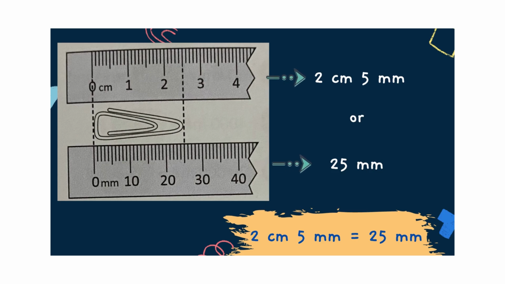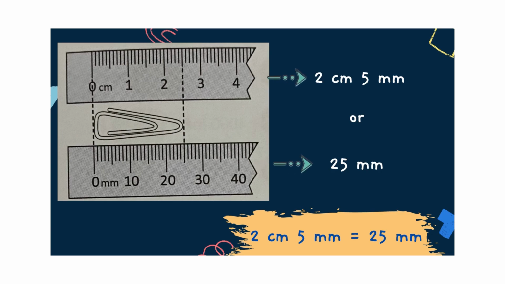So 5 millimeters. We can write it as 2 centimeters and 5 millimeters. Or at the bottom ruler, we can measure it using millimeters. You can see there, 20, and it goes beyond 20: 21, 22, 23, 24, and 25.